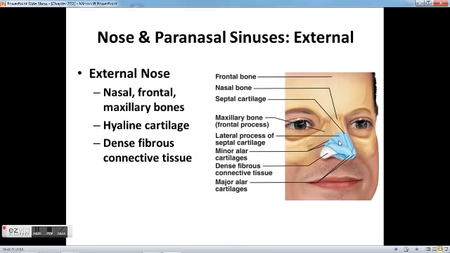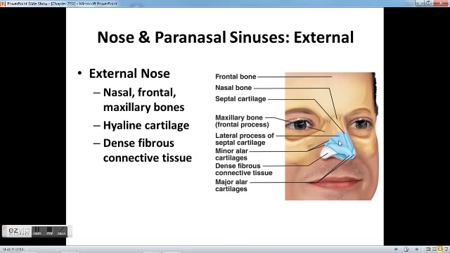Now, the outside portion of your nose, your external nose, is going to involve 3 of the bones of your skull. Your nasal bone makes up the bridge of your nose. The frontal bone and the maxillary bone help make up the side structure of the top of your nose. The tip of your nose, if you just reach up and wiggle it, and I'm laughing thinking about all of you wiggling your nose because I'm doing it too, is hyaline cartilage.